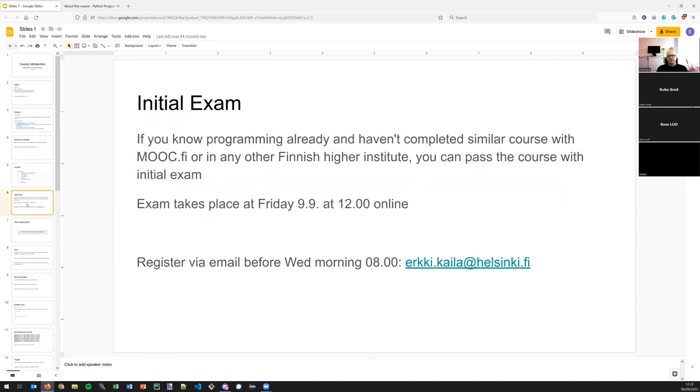Before we get into the details, an important practical thing: if you have previous programming experience with Python, and I mean you really have previous experience, not just that you've written one or two programs, but you've actually written programs with Python, and you haven't completed this course in MOOC.fi, and you haven't completed a similar course in any other Finnish higher institute, then it's possible that you can pass the course with an initial exam.